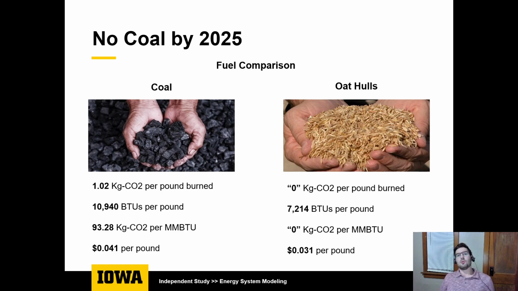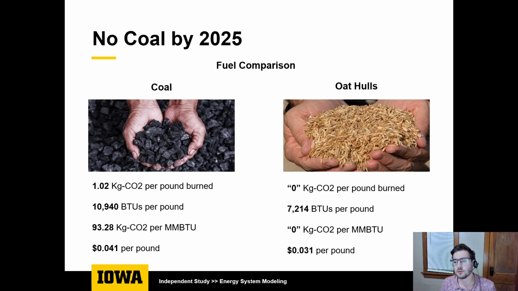Okay, so let's keep going down this path. Let's see if we can use an even less carbon-intensive fuel to replace coal, and see how that plays out. So this fuel on the right is oat hulls, and oat hulls are a byproduct of oat milling, and I believe the university used to get them for free from Quaker Oats. Right?